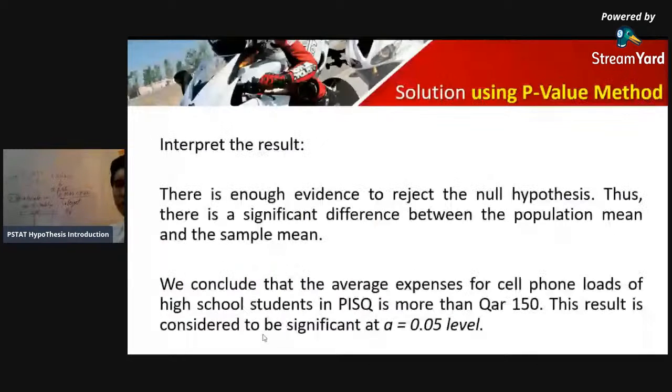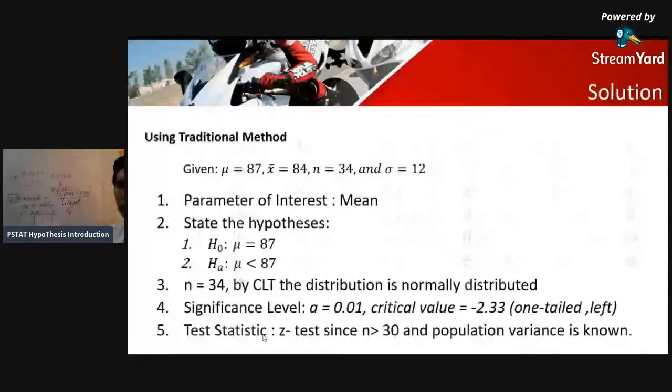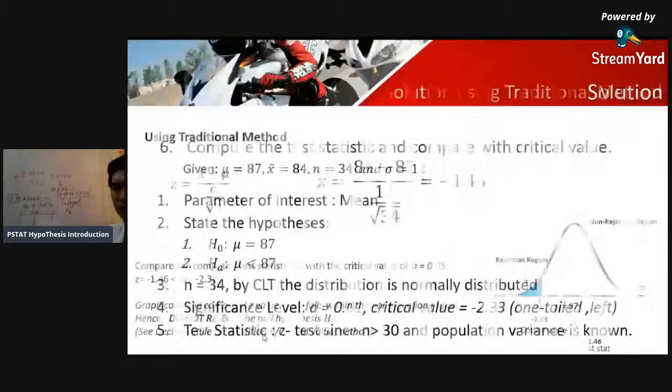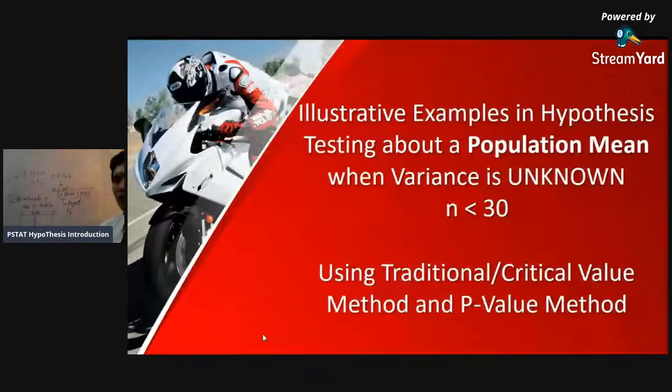This one is one-tailed. This one is for the left. I hope you already tried to study this one also. 147, same result. Maybe we can just check an example of the t-test and the z-test. What if we are to test a population mean when the variance is unknown and n is less than 30?